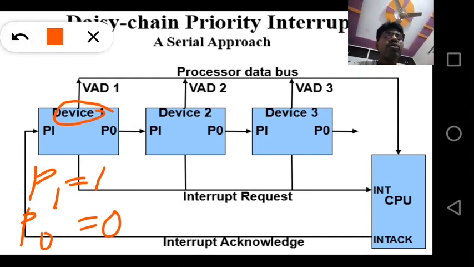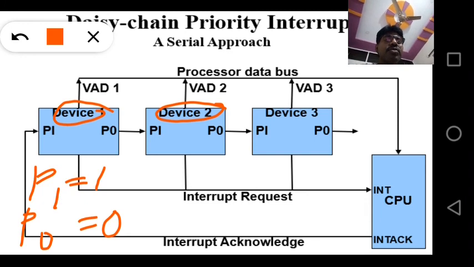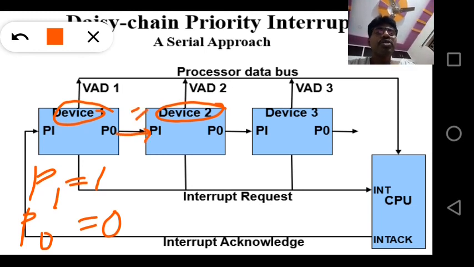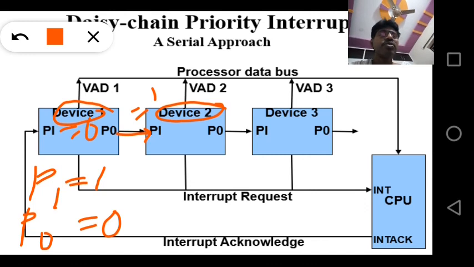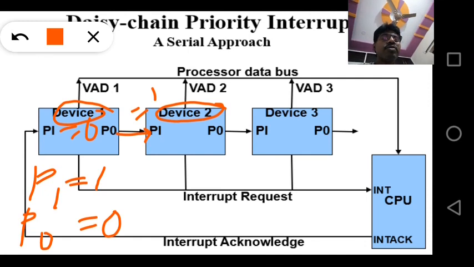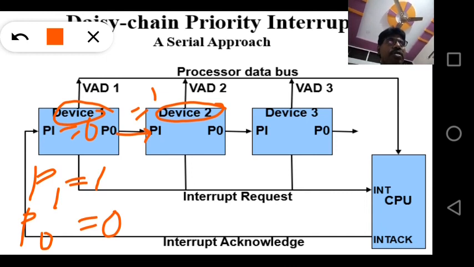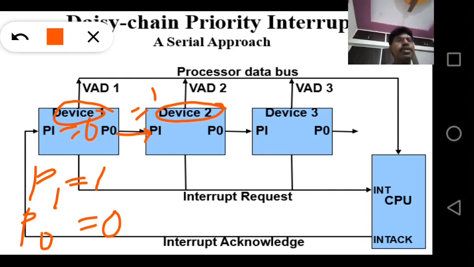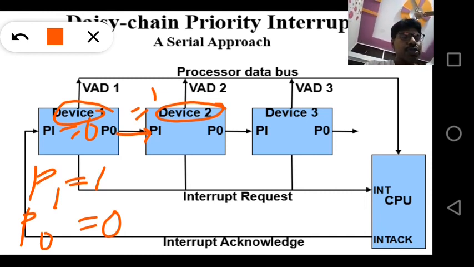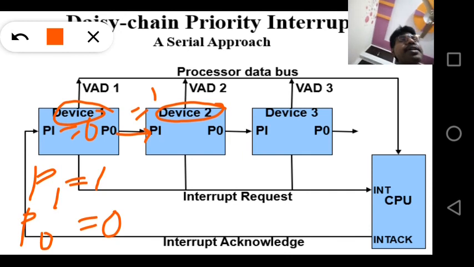Similarly, if device 2 has an interrupt, P0 has to be 1 only when P1 is equal to 0. So the device 2 interrupt cannot be serviced before device 1. This way we can implement the priority, and it is ensured that the priority is implemented successfully.